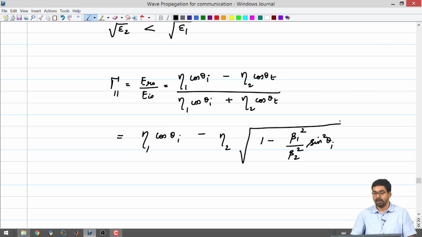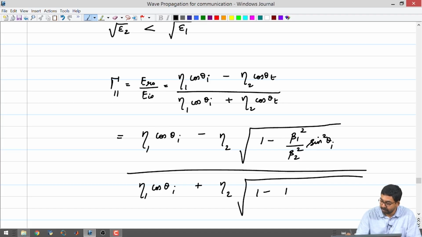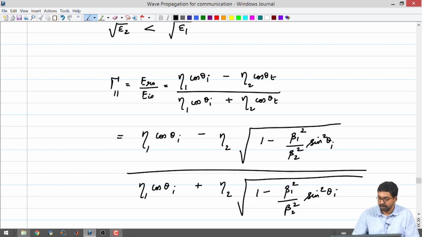So, what I am trying to do is I am going to try to replace theta t in terms of theta I, okay, and I am just using Snell's law to do that. Okay. So, once again the denominator I have eta 1 cos theta I plus eta 2 cos theta t, once again it is 1 minus beta 1 square by beta 2 square sin square theta I. Okay.